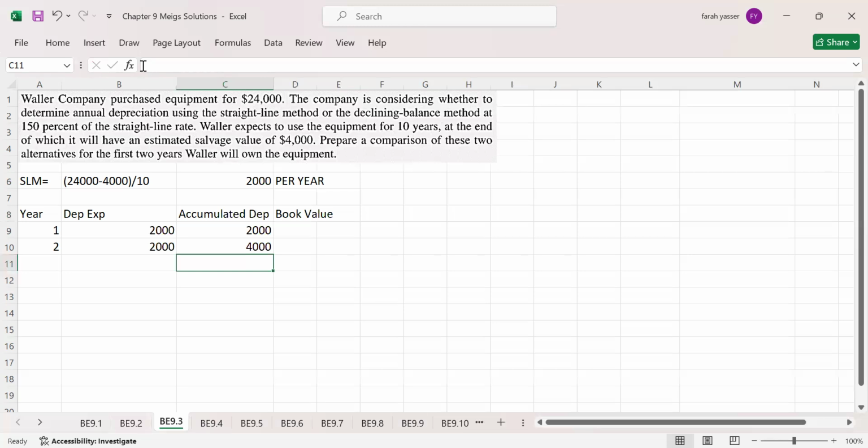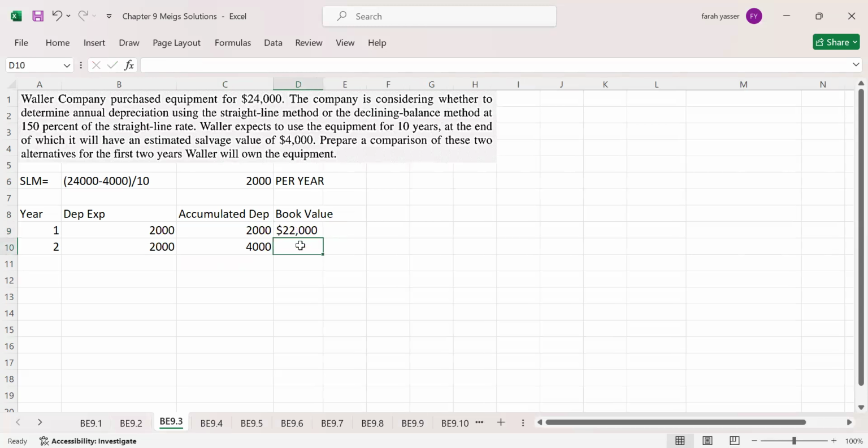Total accumulated depreciation is 4,000. How do we calculate book value? Book value is the cost of the asset minus accumulated depreciation. So this is the book value at the end of the first year. At the end of the second year, we have cost, but accumulated depreciation is 4,000. So this is the book value at the end of the second year.